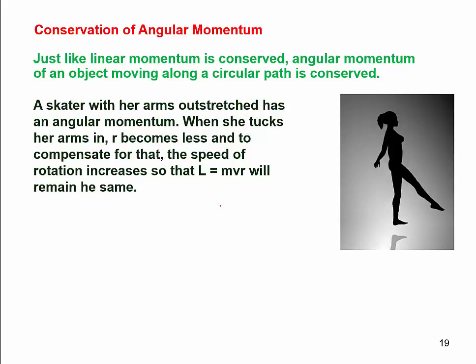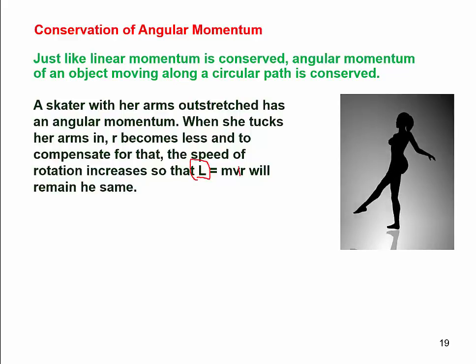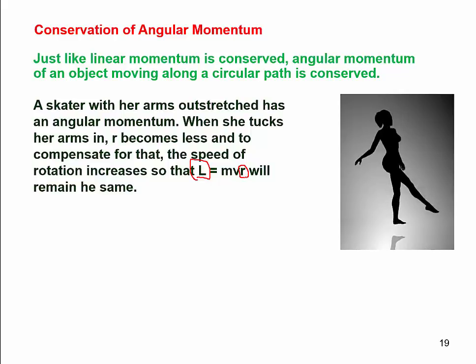When the skater has the arms outstretched and spins, and then gradually brings the arms closer to the body, she will go spinning faster. Why? Because the momentum has to be conserved. It means the total momentum L has to remain constant. When she brings the arms closer to the body, this r, the radius, will become less. And to compensate for that, v has to increase.